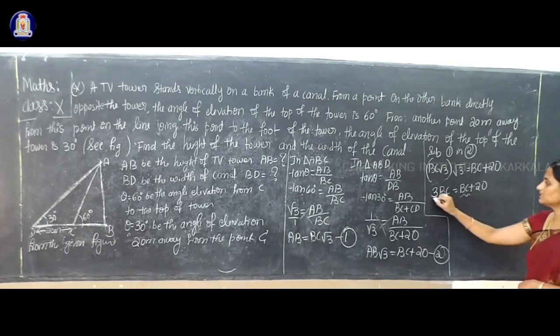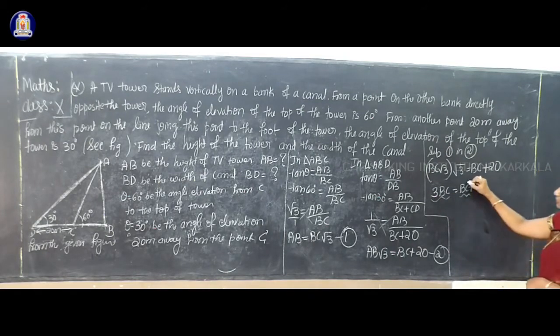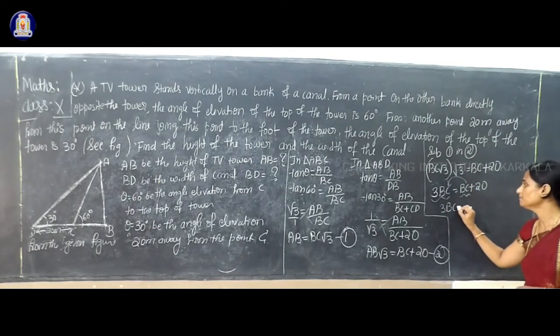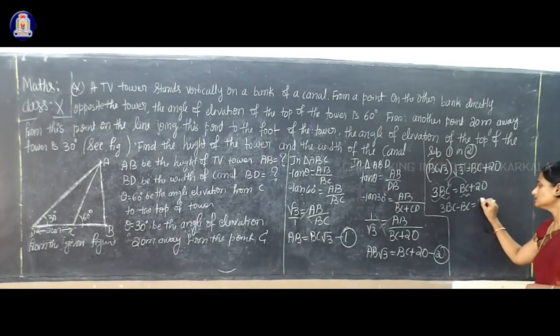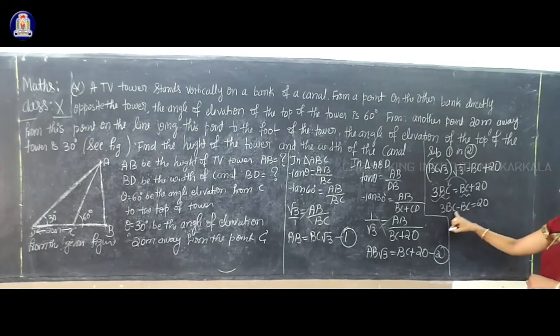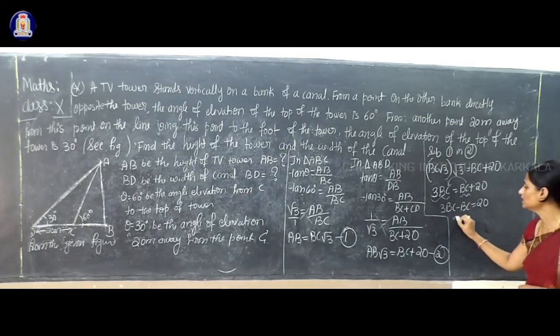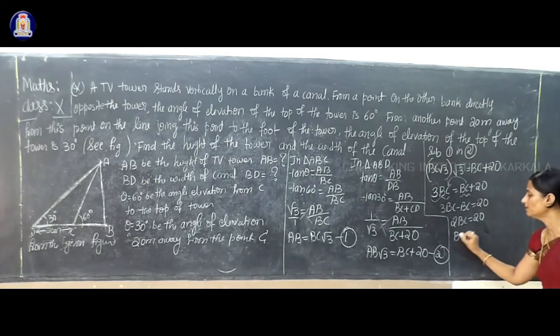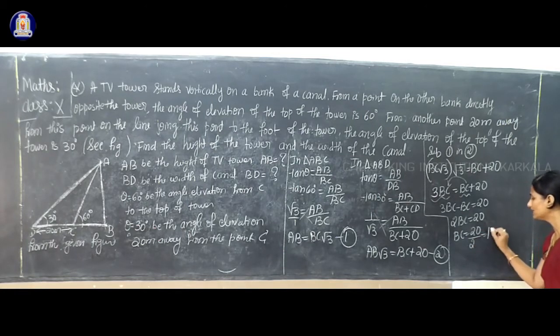Take this BC to that side. So 3BC minus BC is equal to 20. 3BC minus BC is 2BC, equal to 20. So what is BC? BC is equal to 20 divided by 2, that is 10.